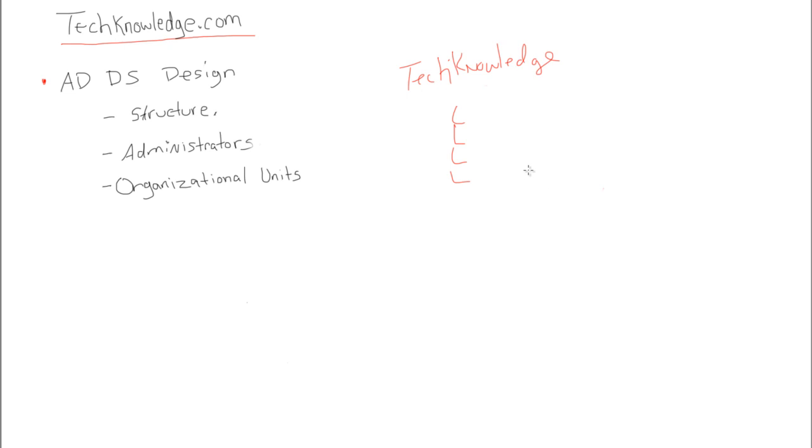Doesn't really matter where they are. But in our case, we're gonna use the more structured way. So we're gonna have a Barry OU and a Timmins OU. And OU is just short form for organizational unit.